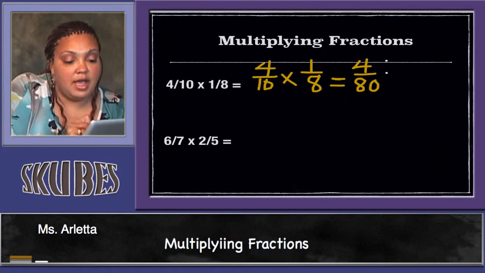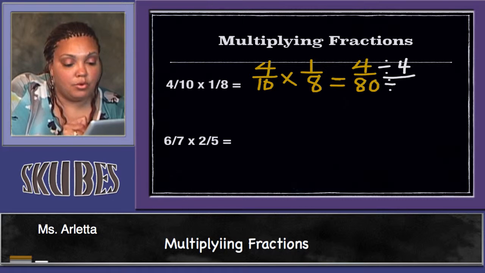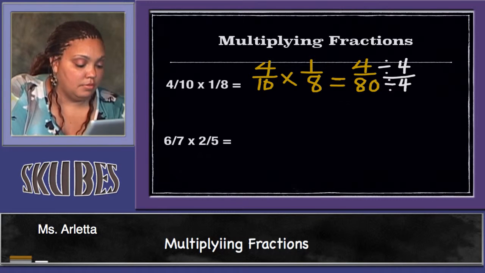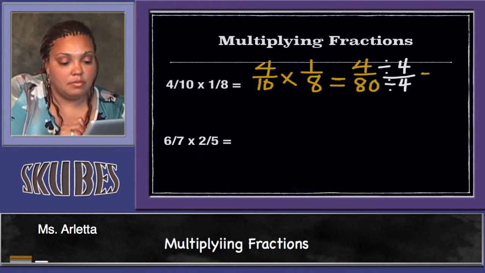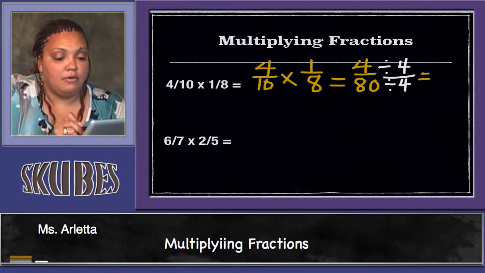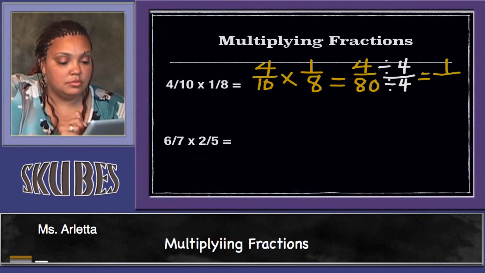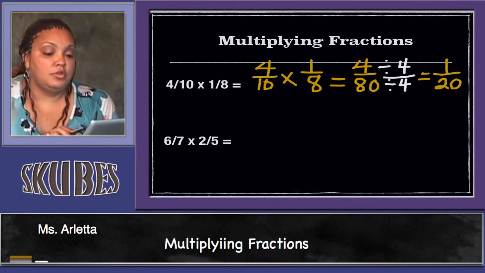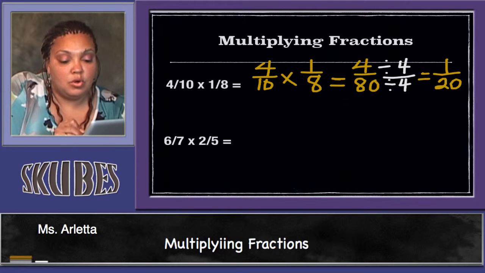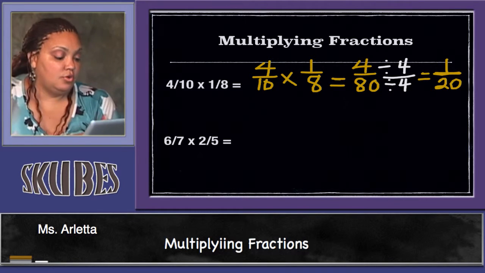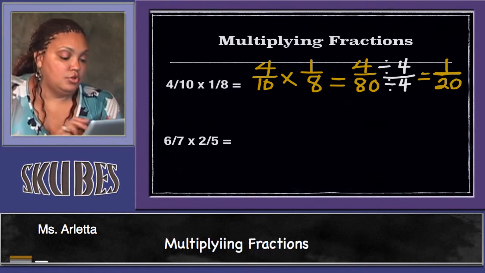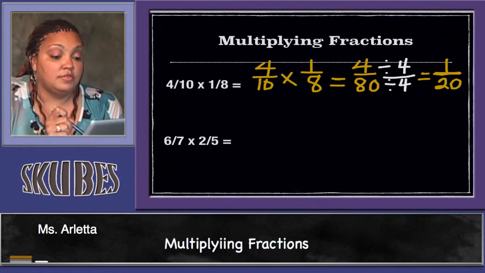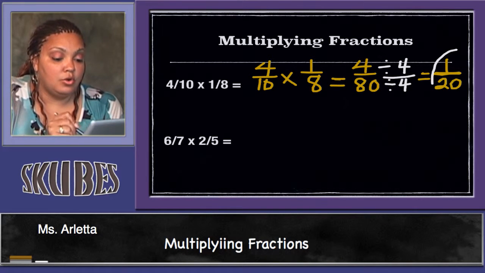So we need to divide our numerator and our denominator by 4. 4 divided by 4 is 1. 80 divided by 4 is 20. Is there a common factor of 1 and 20? The common factor is only 1, and whenever you have a common factor of 1, there's no need to simplify it. So our simplified fraction here is 1 over 20.